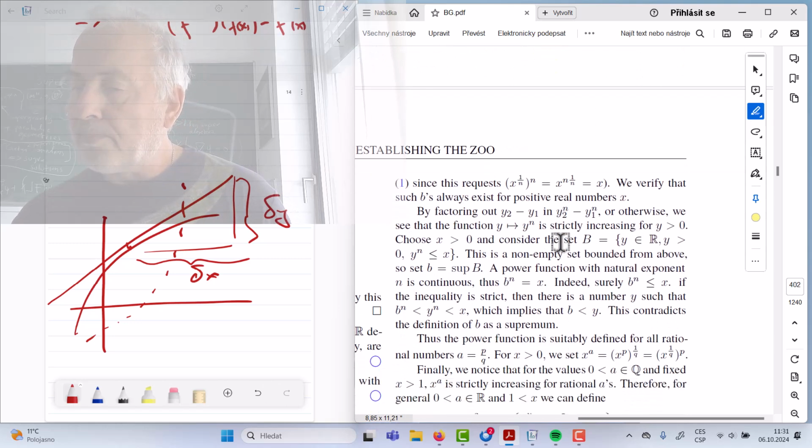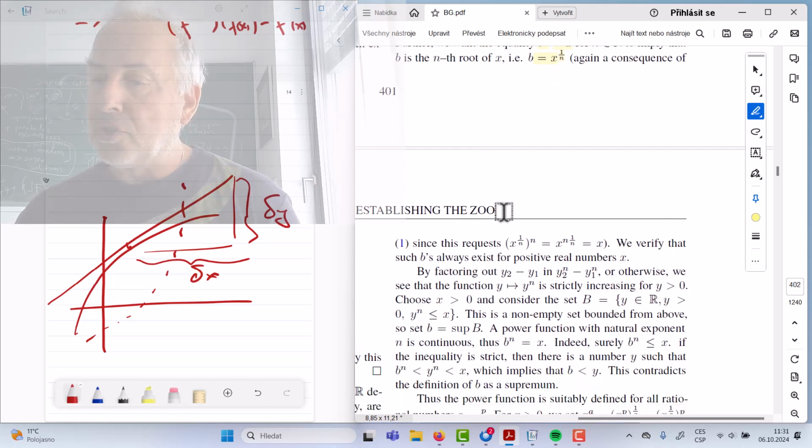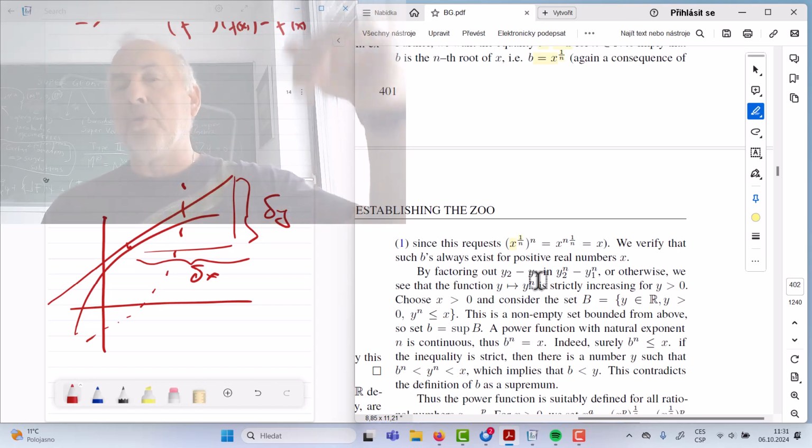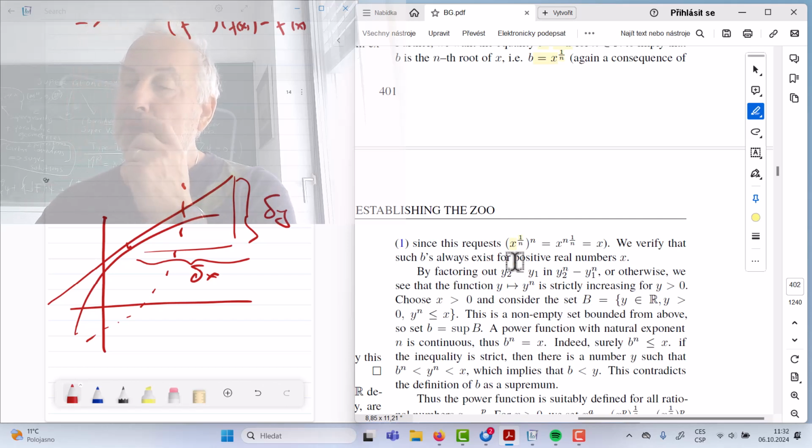So that's easy. And now, because the power function is always either increasing or decreasing, and once we restrict ourselves to, well, we had already with the roots to restrict ourselves to the positive or non-negative axis only, so that makes life easier because we know that it will be always either increasing or decreasing, and so we can use the supremum existence, and we define exactly as we did it with the roots.